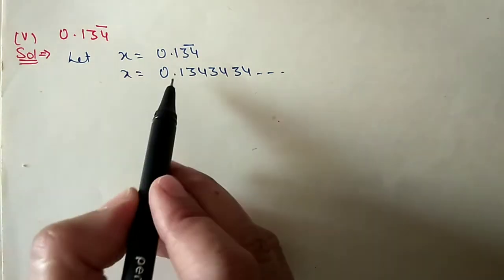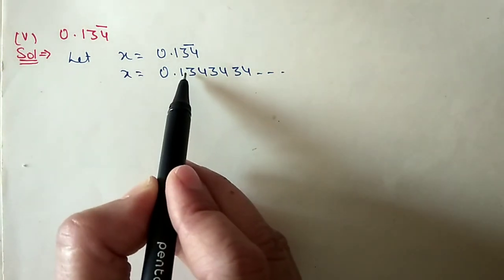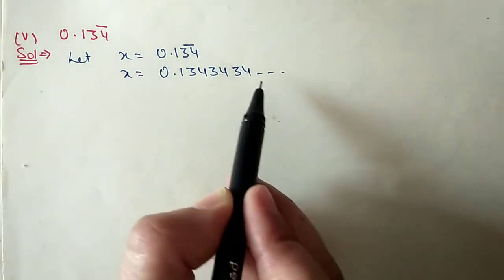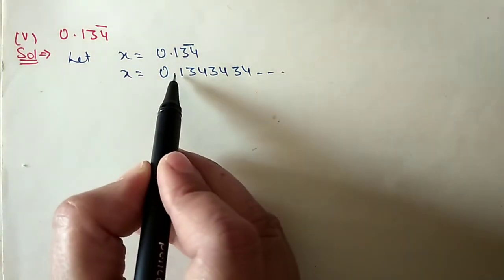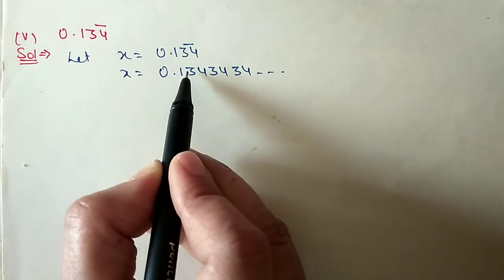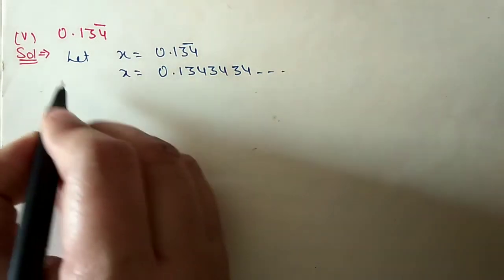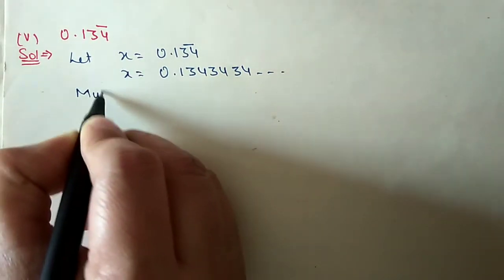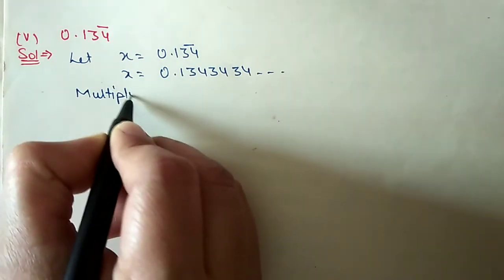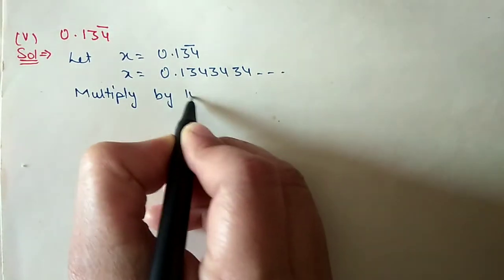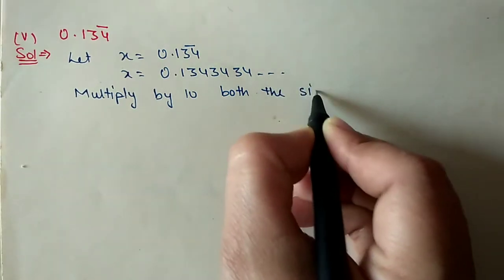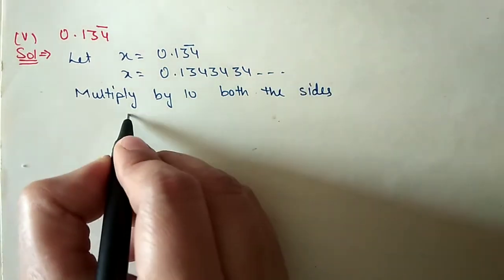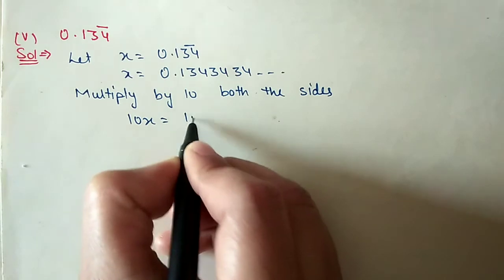First of all we will shift our decimal after this 1, because only 34 is repeating, so our calculation will become easy. To shift this decimal to this side we need to multiply by 10. So first multiply by 10 both the sides.